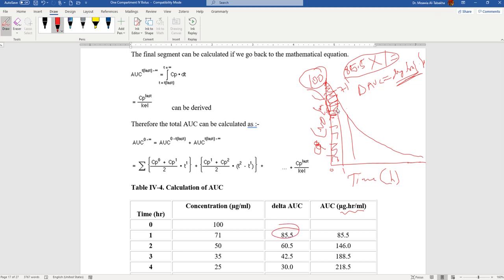طب the second one, can you do it yourself or we'll do it together? طيب, شوفوا, the time here is 2 hours. We'll do it together.